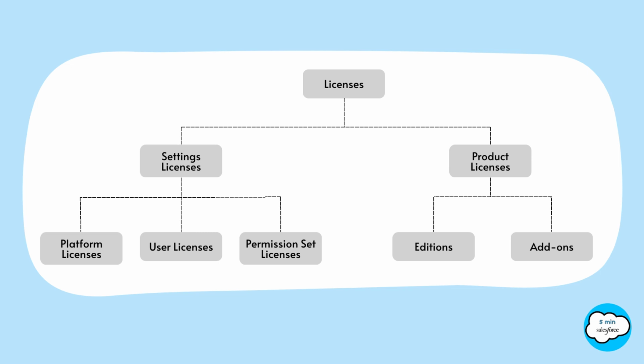It sets your baseline functionality of the org, and then on top of it you can have add-ons. These are optional extra features you can layer on top of your baseline edition, and you can get more features with it. Each edition or add-on is really just a bundle of the settings licenses we talked about earlier.